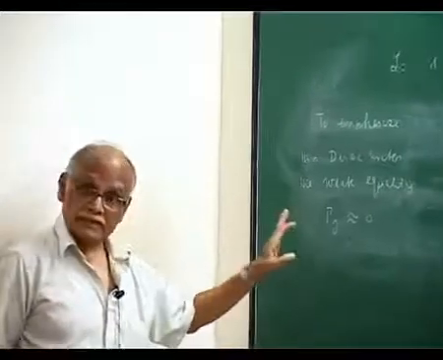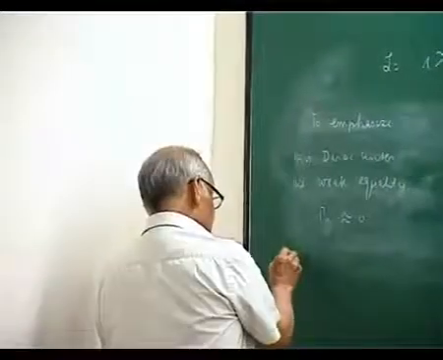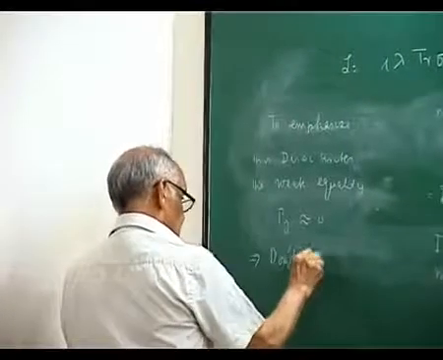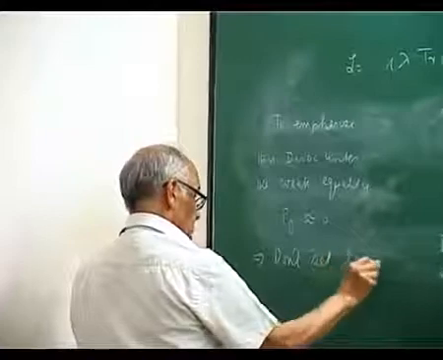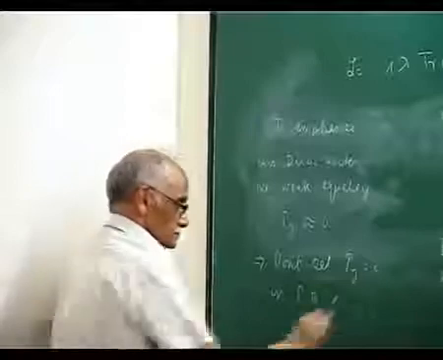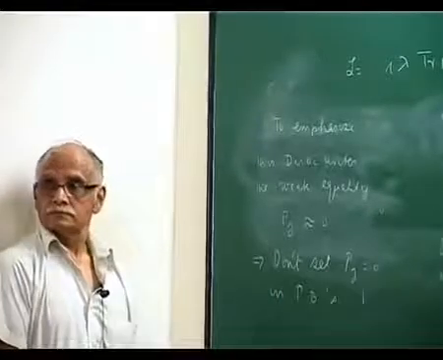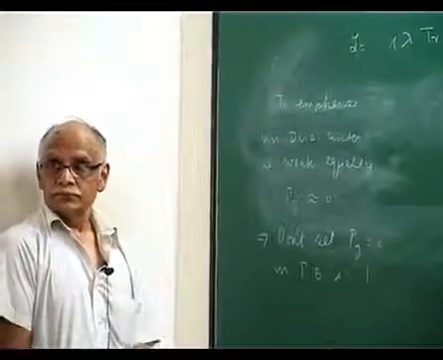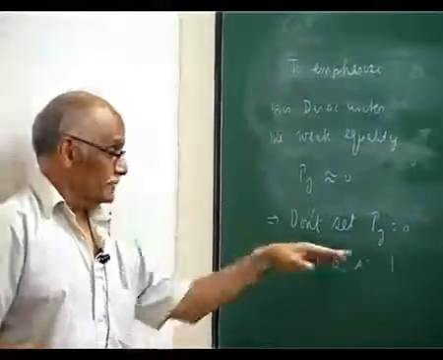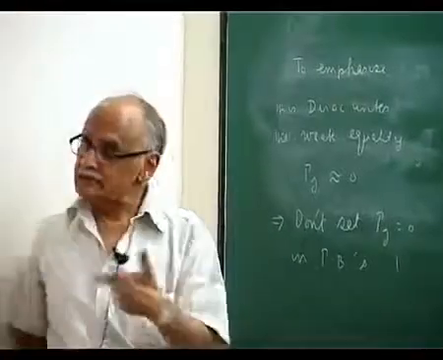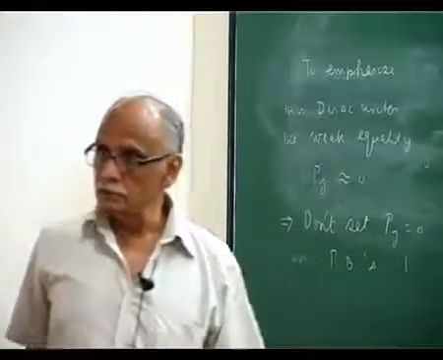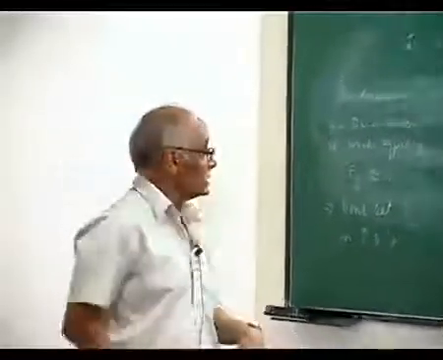If you have Poisson brackets, it implies in particular, don't set Pj equal to 0 in Poisson brackets. It's a warning, because there will be some Poisson brackets involving Pj which are not 0. Pj's are 0, not like that.